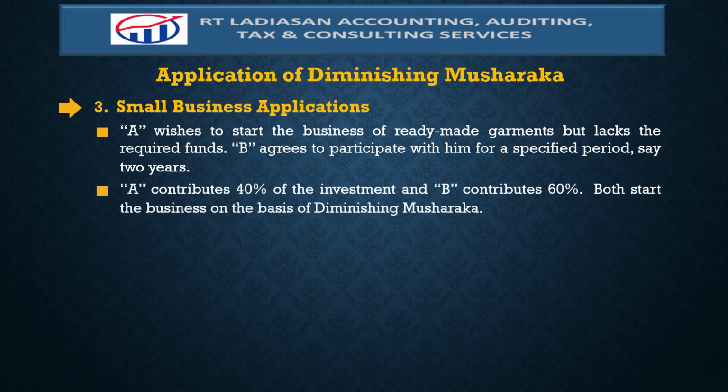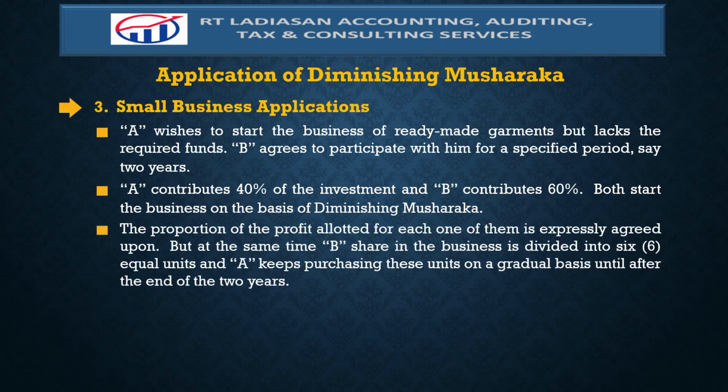A contributes 40% of the investment and B contributes 60%. Both start the business on the basis of diminishing Musharaka. The proportion of the profit allotted for each one of them is expressly agreed upon.